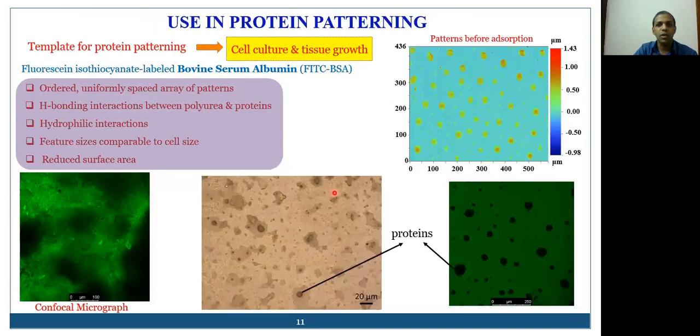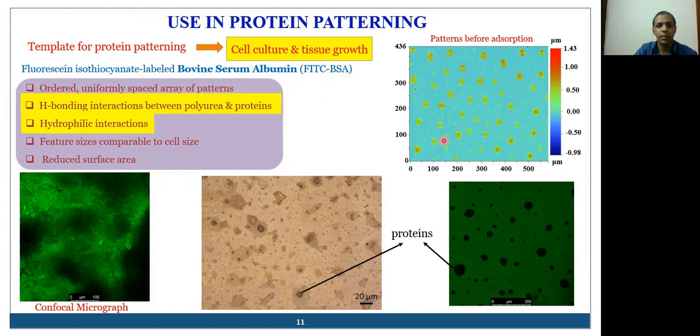We have tried to use these patterns for protein adsorption. Now, many proteins adsorb preferentially over hydrophilic areas with greater interaction strength than hydrophobic surfaces. Azo-PU being a relatively hydrophilic polymer, and given that hydrogen bonding interactions between polyurea and the proteins would favor adsorption, we explored the adsorption of bovine serum albumin on these patterns.